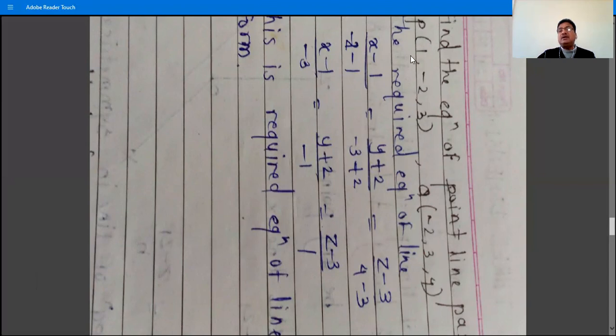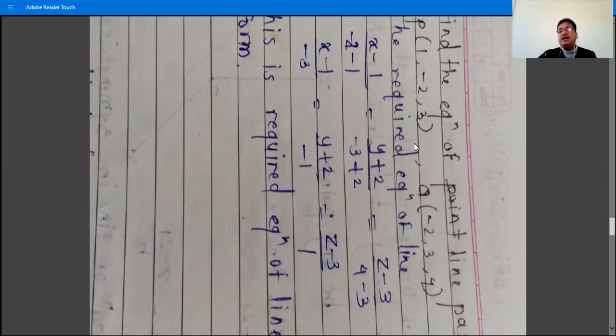And then the answer is what? x minus x1 divided by x2 minus x1, that is minus 2 minus 1, that is minus 3. Y minus y1, so y plus 2 divided by 3 plus 2, that is 1.